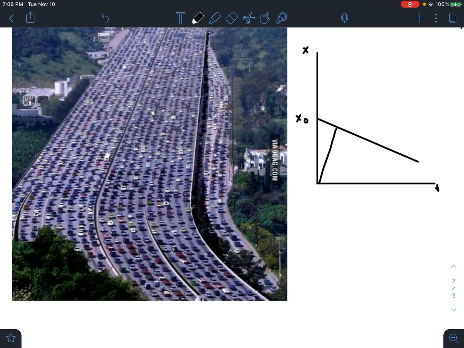So as we are given with these, these represent the cars. This is like car 1, car 2, and car 3. Should look like this.